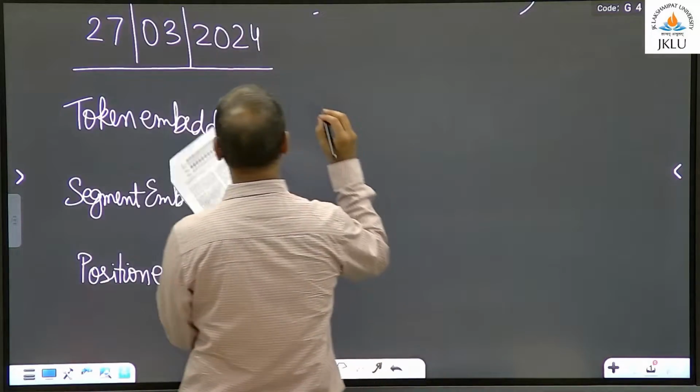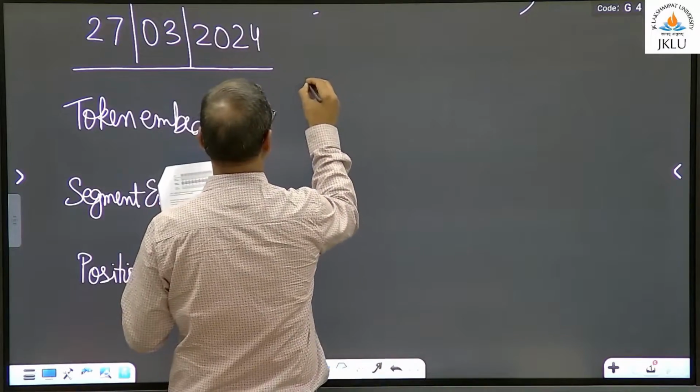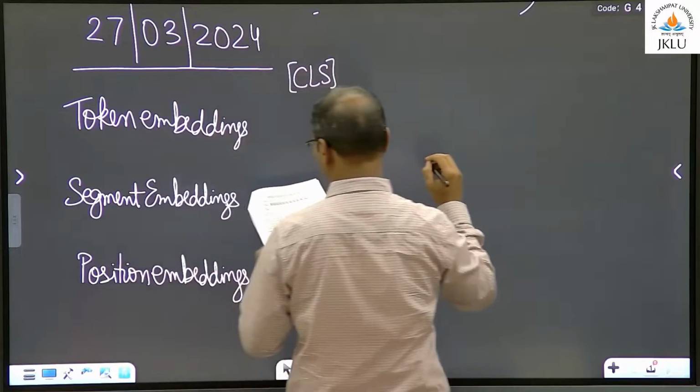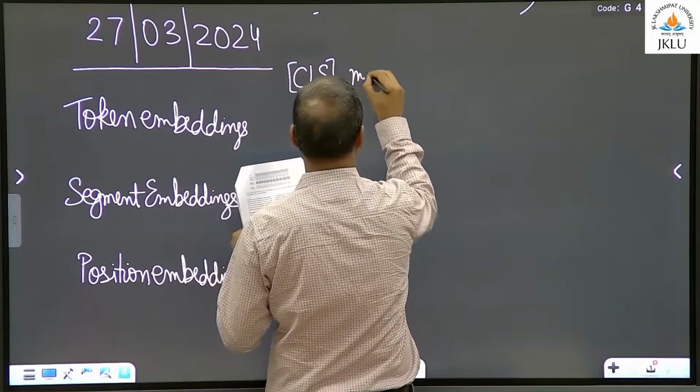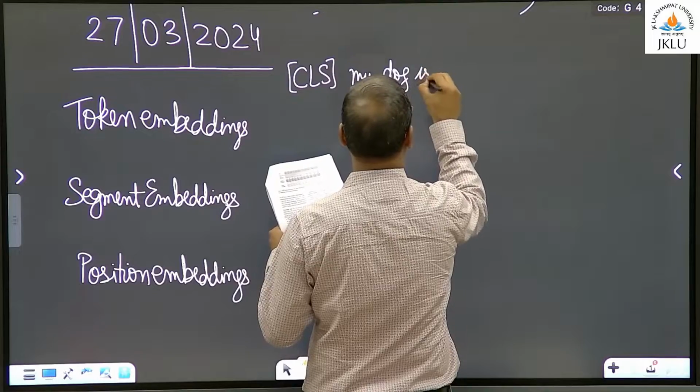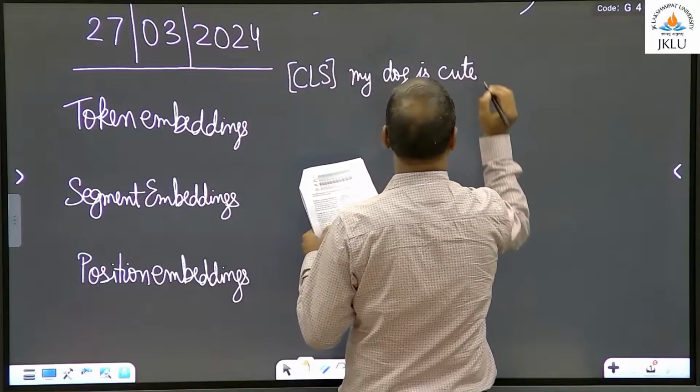Okay. So, let us say your input is something like, I am just drawing the figure from the paper: CLS, this is a special token, we have seen this in the last class. My dog is cute.